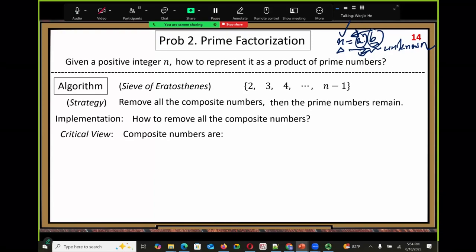All right. The critical view, the composite number first. Because now we are looking at all the multiples, okay? Let me write it again. n equals AB, right?